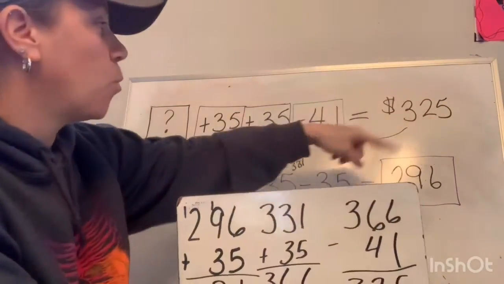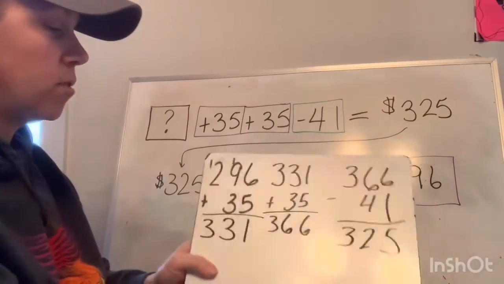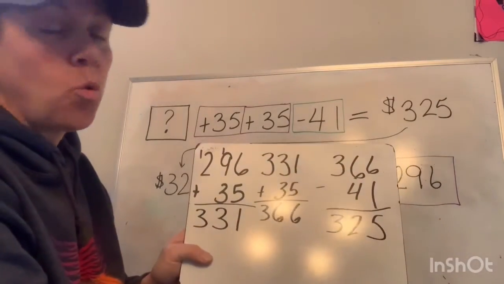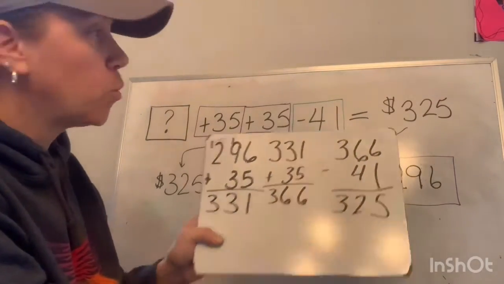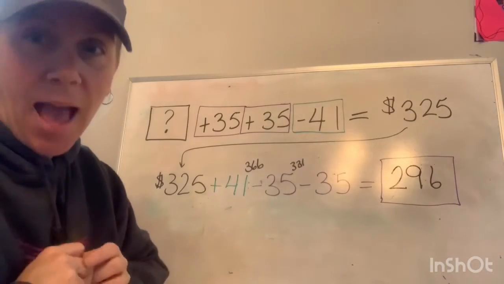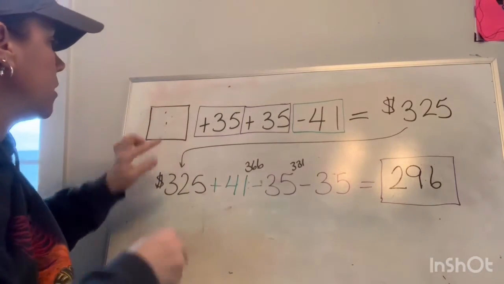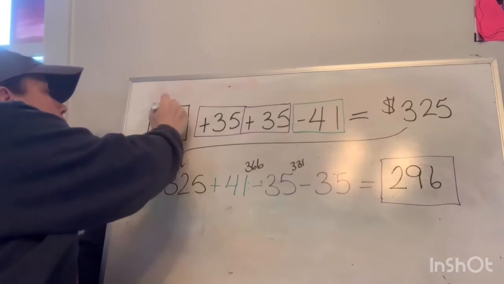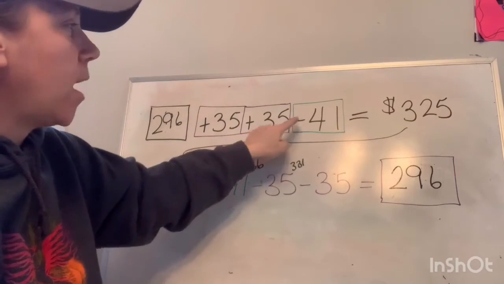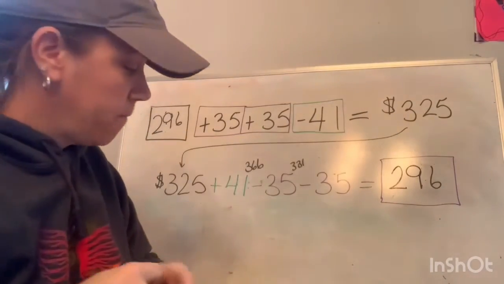So I had to work backward and then I checked it, put my answer in, that $296, and worked forward again with the problem to make sure that I ended up with the $325 that the problem tells me Bryson has in the bank now. So he started with $296, deposited $35, withdrew $41, and got $325.